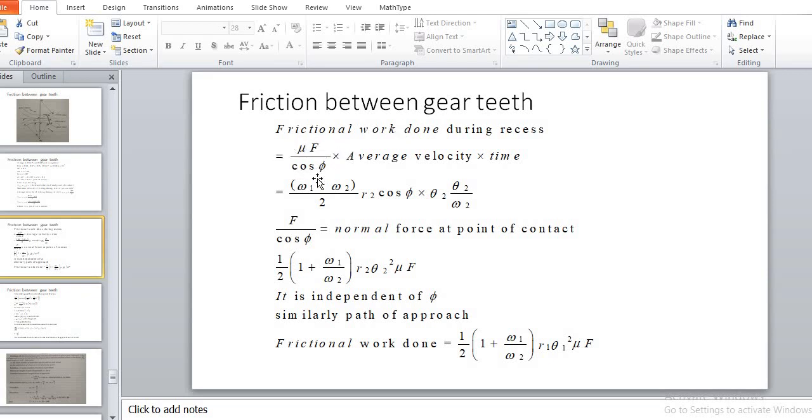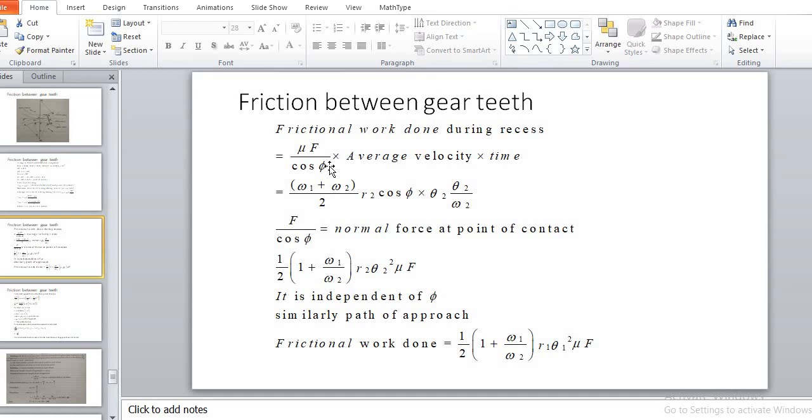This term is related to the frictional force. The frictional force into distance, and this distance is nothing but velocity into time. This is calculated during recess and again during approach condition.